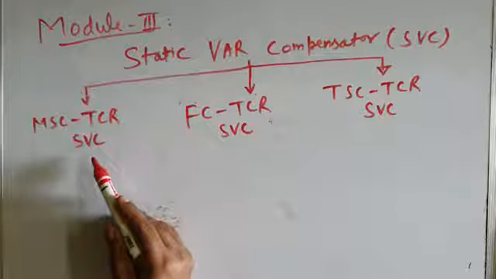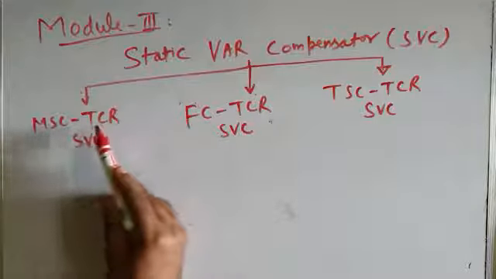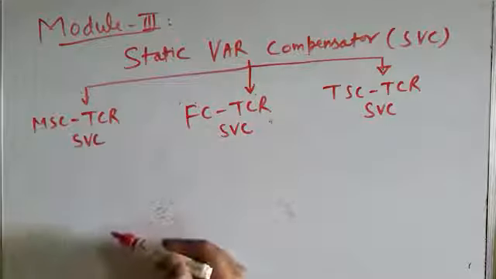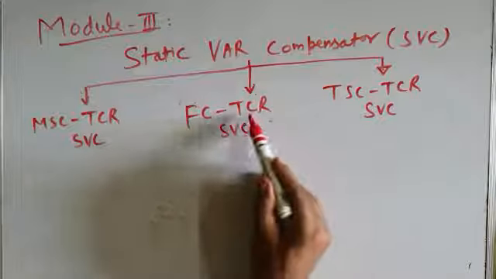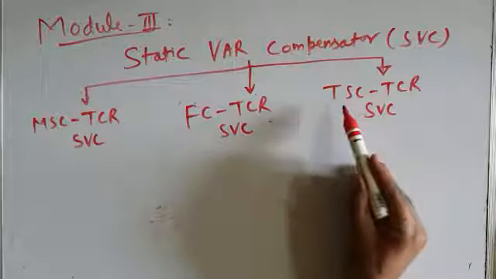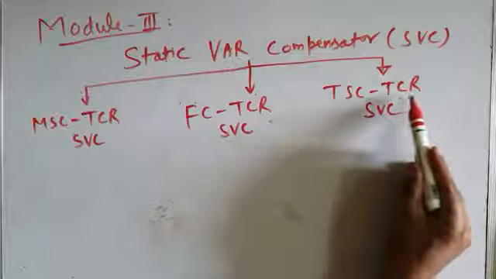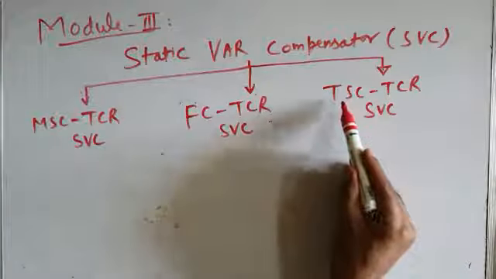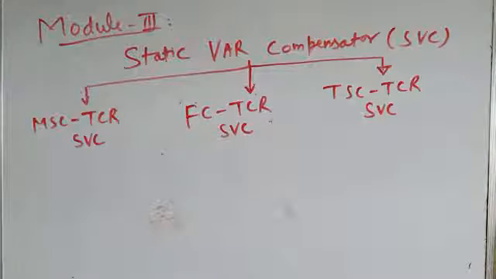MSC, TCR, SVC, that means mechanically switched capacitor, thyristor controlled reactor type SVC. Then fixed capacitor, thyristor controlled reactor type SVC, that's FC, TCR, SVC. And finally, thyristor switched capacitor, thyristor controlled reactor type SVC, that is TSC, TCR, SVC. We will discuss them one by one. And in today's lecture, we will discuss the first type of SVC, that is mechanically switched capacitor.